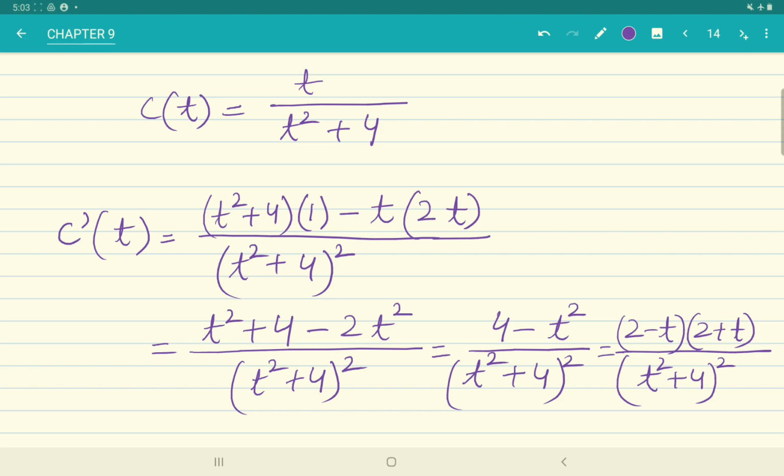Now in this case we are concerned about the term t. We want to find out the time of maximum concentration, and time is always positive. So basically here we are going to ignore this.